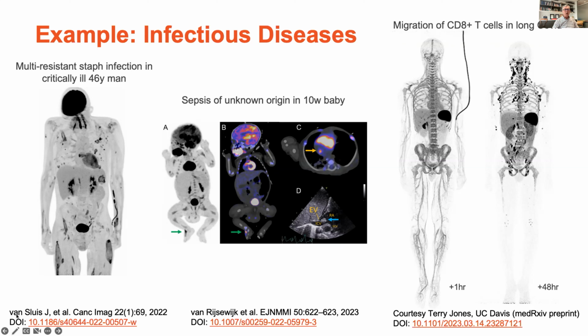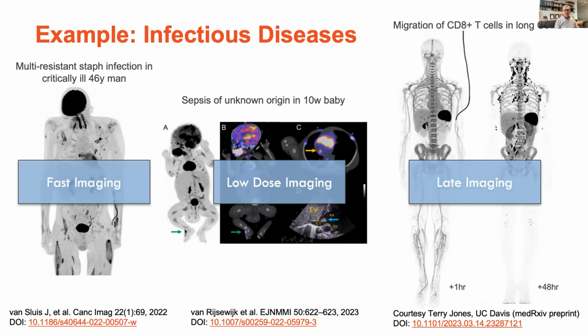There's a little less uptake in the bone marrow, and there's lots of uptake in all of the involved lymph nodes, and also in the thymus and tonsils. So a really unique tool for studying the adaptive immune response in this viral infectious disease.